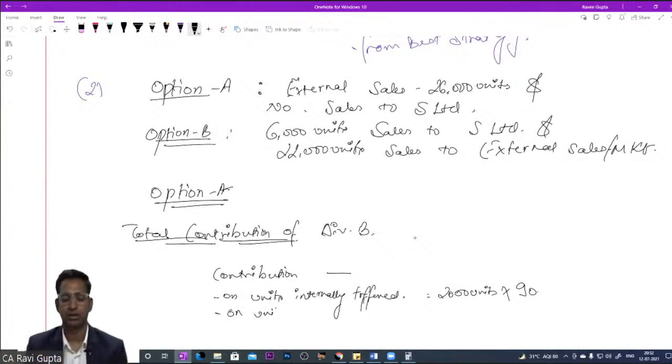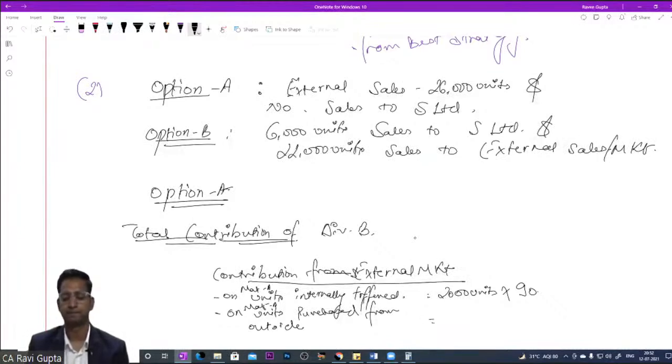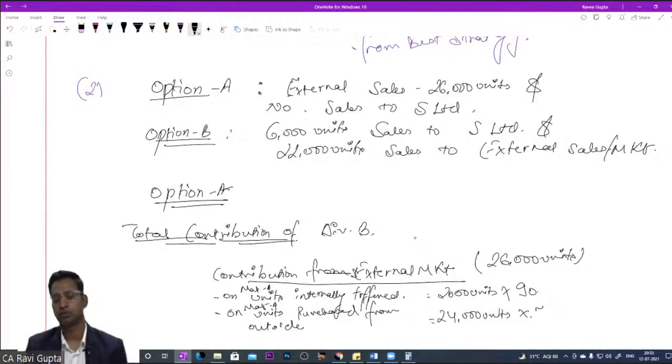And on units purchased, that is material A units purchased from outside, this will be the number of units we have sold from the external market, 24,000 units into 74 rupees.